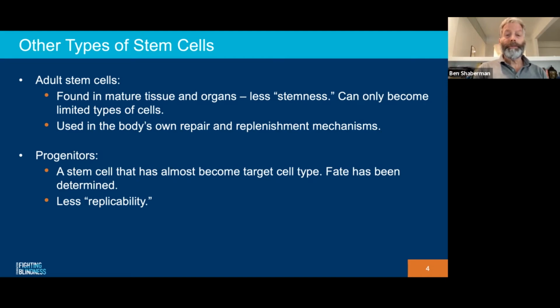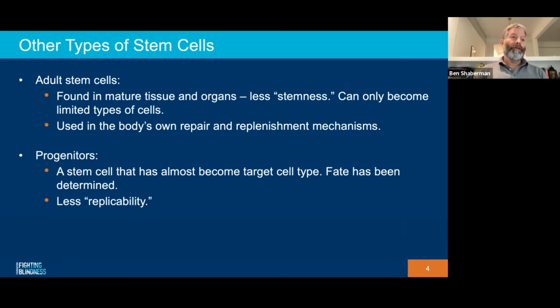So there are other types of stem cells. One type is known as an adult stem cell, and these are found in mature tissue and organs in our bodies, and they're used in our natural repair and replenishment mechanisms.